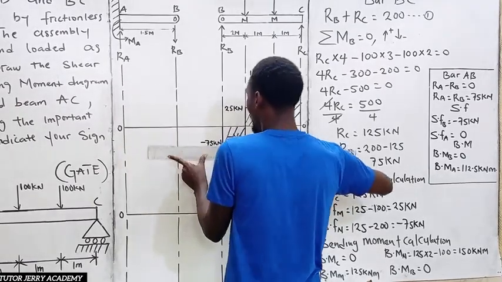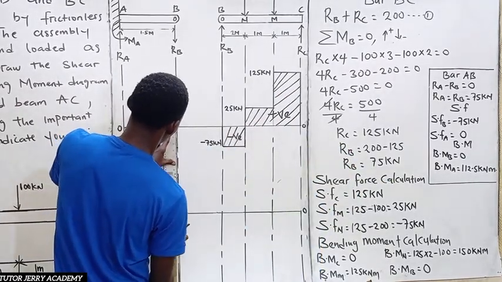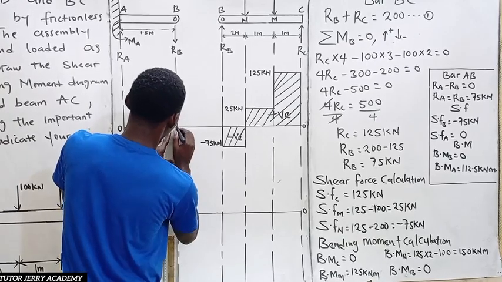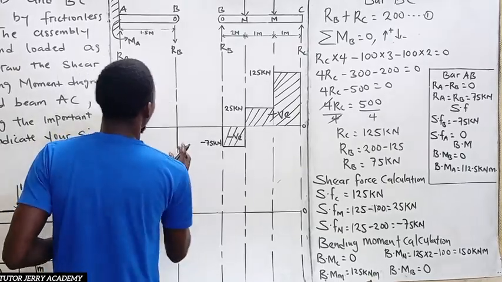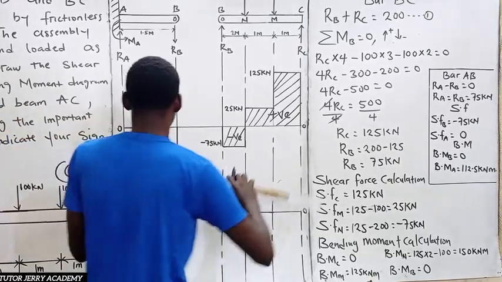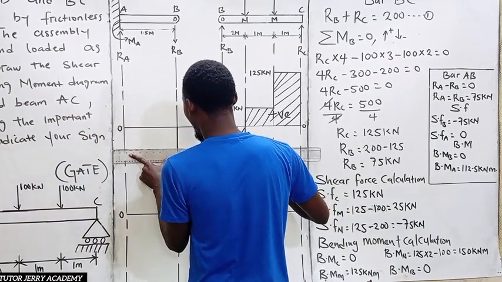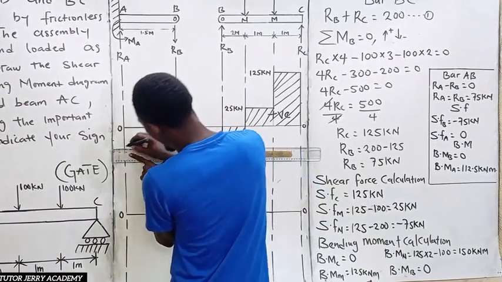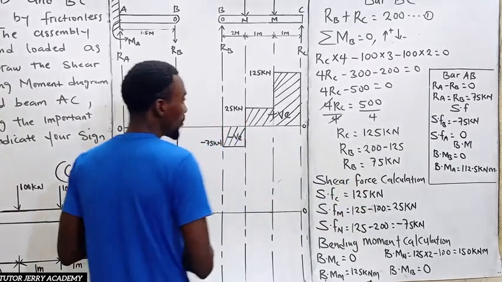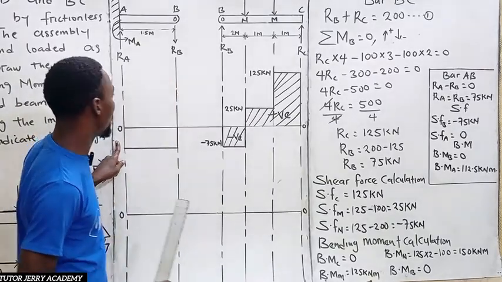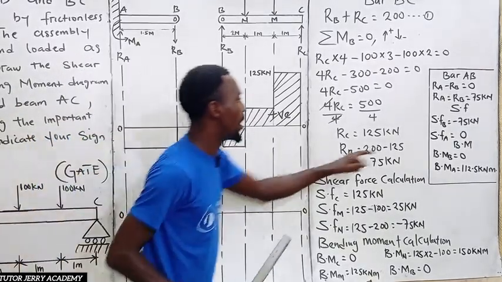All right. So here is our 75. Now between B to C, we don't have any force, so it's going to be a constant line as well. And the shear force at point A is 0.